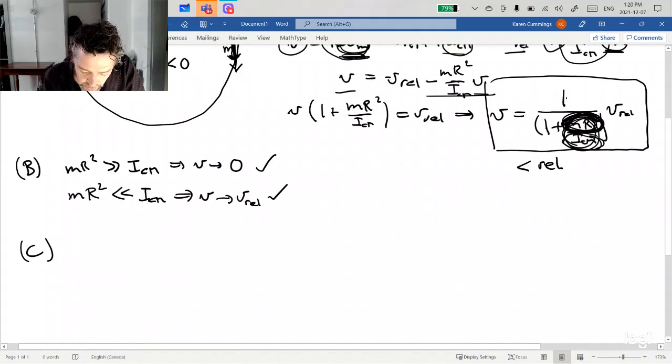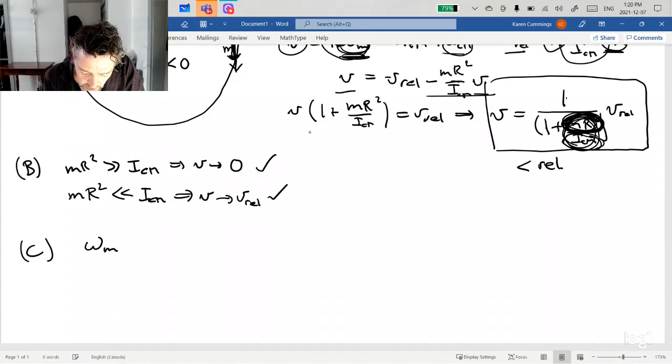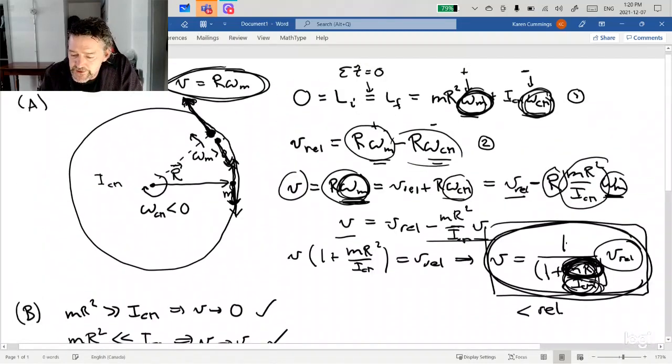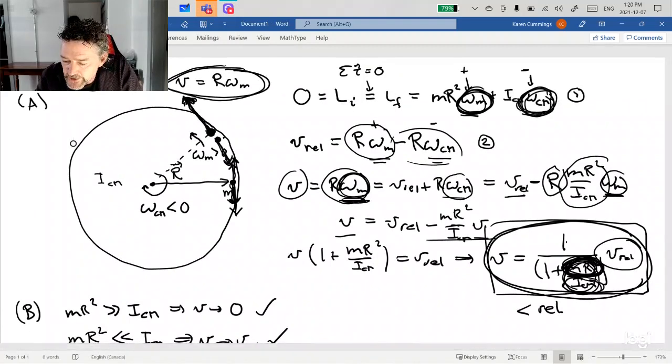So first of all, from part A, we know that omega m is just v over r. And here's v, so we know it in terms of v rel, the main parameter we're given. And then the other thing we need to figure out is omega Cm. Omega Cm can be expressed in terms of omega m just using this conservation of angular momentum equation.